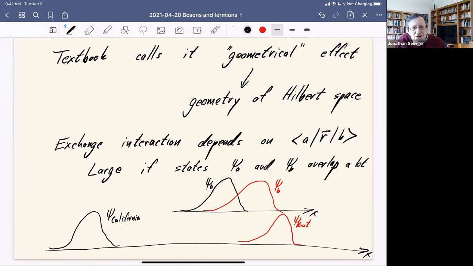There's hardly any region where these wave functions are both substantial. The California one gets extremely small before the Kent one gets big. And so in that situation, the matrix element is small.